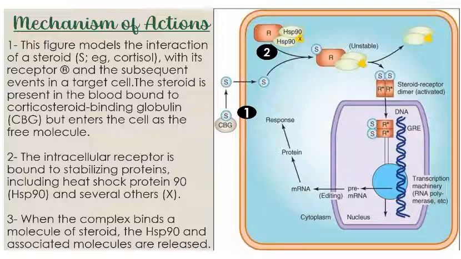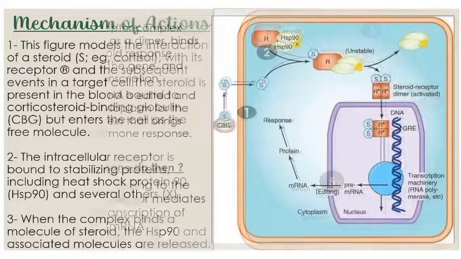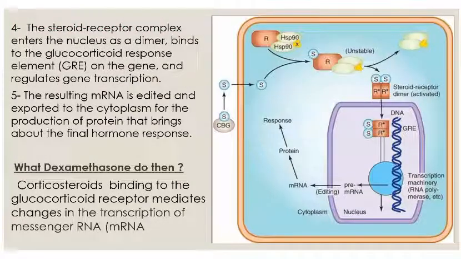When the complex binds a molecule of the steroid, the HSP90 and associated molecules are released. The steroid receptor complex enters the nucleus as a dimer, binds to the glucocorticoid response element on the gene, and regulates gene transcription. The resulting mRNA is edited and exported to the cytoplasm for the production of protein that brings about the final hormone response.